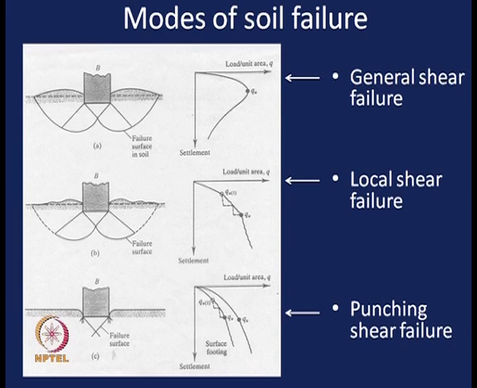When there is a movement or sudden jerk in the soil, this point is recognized as the first failure point. The corresponding load is recognized as the first failure load.